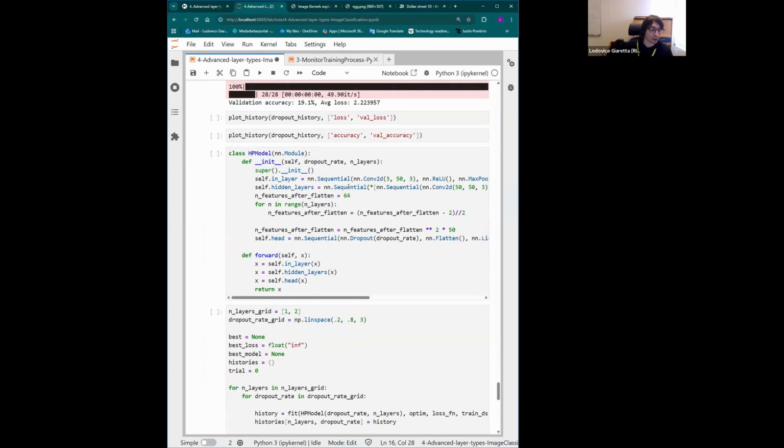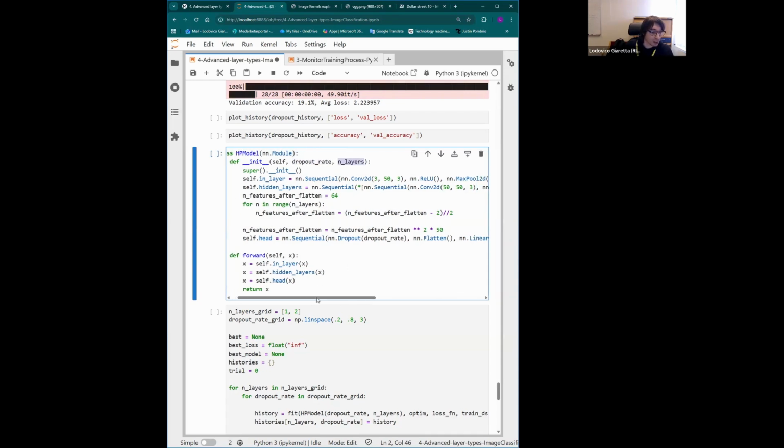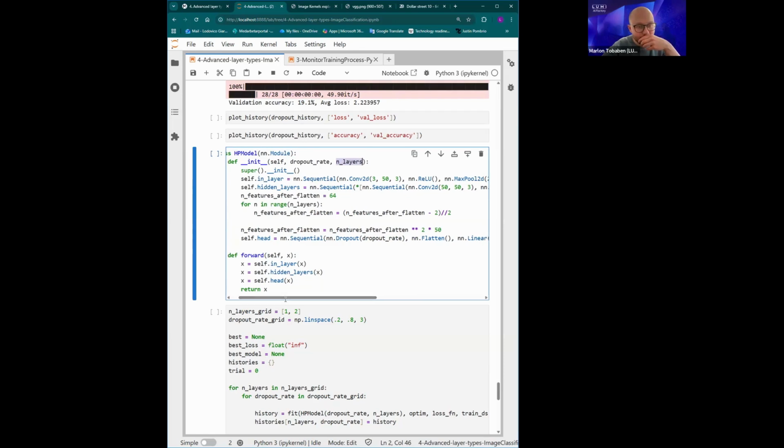So let's see how we do that. Instead of building a fixed model, we build a configurable model. So this model here, where we need to pass in a dropout rate and a number of layers. What this does is that it creates a set of input layers.